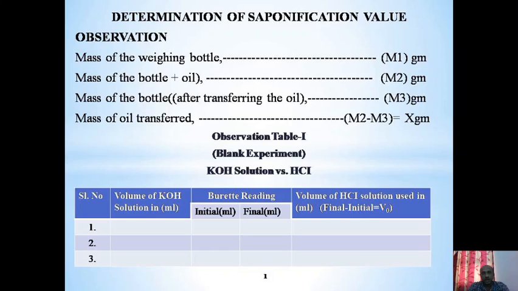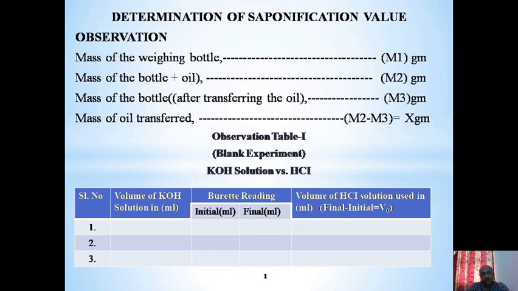Now we see observation table 1. That will be the blank experiment. Blank experiment means without any sample, only the KOH and solvent system will be there, as well as phenolphthalein, and that should be titrated against 0.5 normal HCl. So how will we write the observation table?